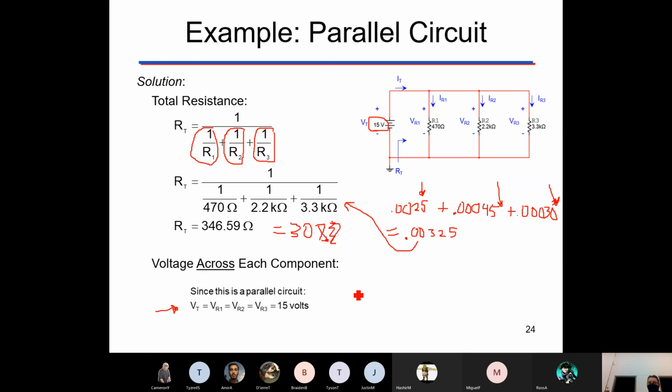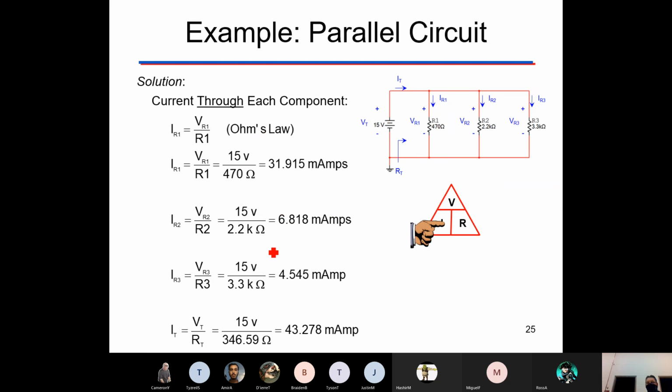So then the next part is to go through and solve your I for each column. Since we know that our voltage never changes, your V is always going to be 15.